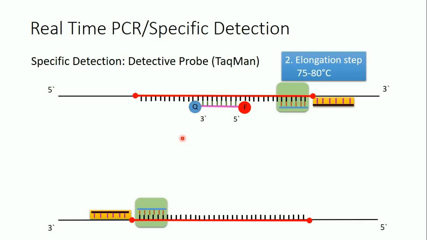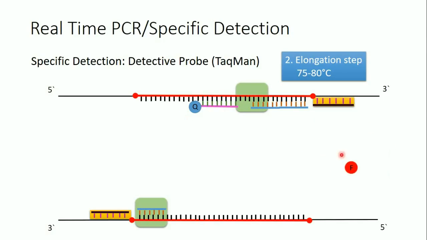Now we're interested here, so we're not interested in this strand anymore. We're interested in this strand. So when the DNA polymerase starts to copy the DNA sequence, when it reaches the probe, it will start to degrade the probe.